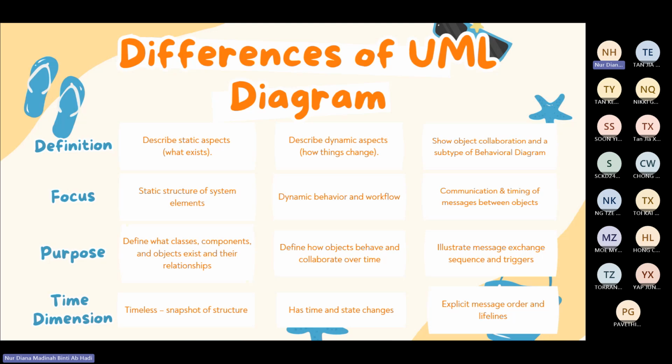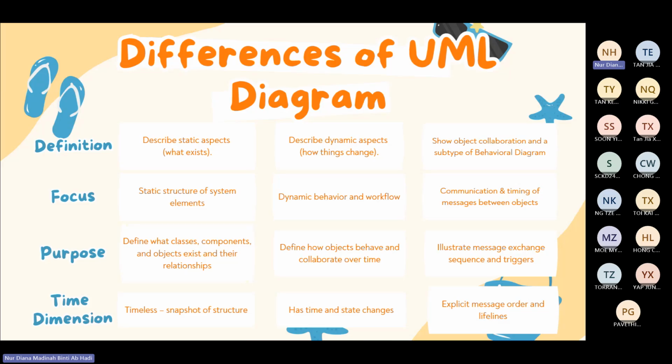When it involves behavioral, it is dynamic and flexible. You can change it anytime. And then when we talk about interaction, you have to involve the structural and behavioral. So when you look here, dynamic behaviors confirm your behavioral diagram.